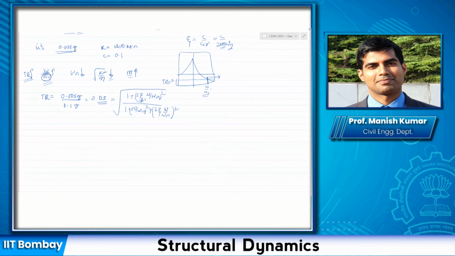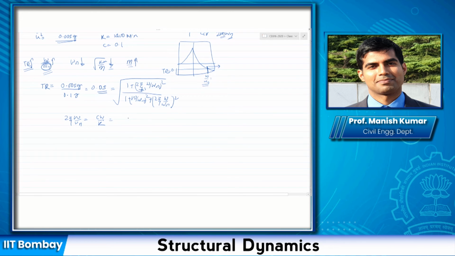Initially, I know that 2 zeta omega by omega n can be written as c omega by k. I can write it like this. In this case, remember c and k are the same and omega is the same.